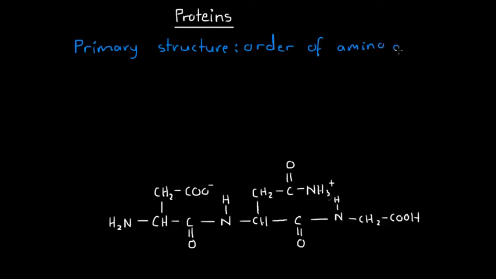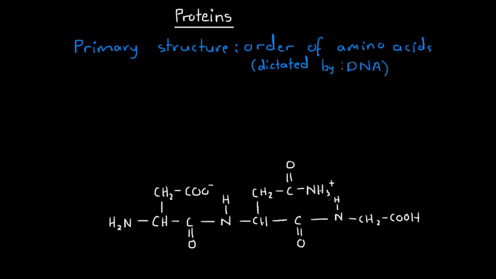There are about 20 amino acids that are very important in our bodies, and there are lots and lots of different orders that those amino acids can bond in a chain within our body. So the primary structure of a given protein is the order that those amino acids bond in, and this is in fact dictated by our DNA.